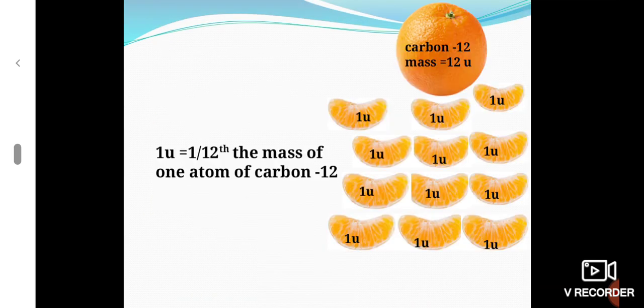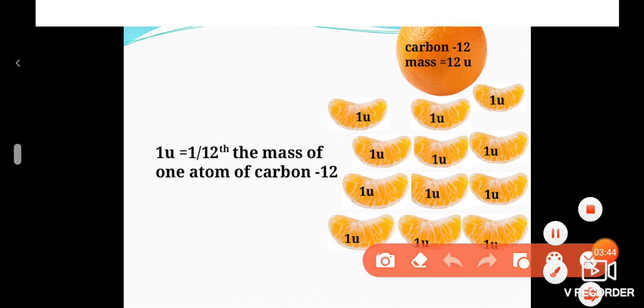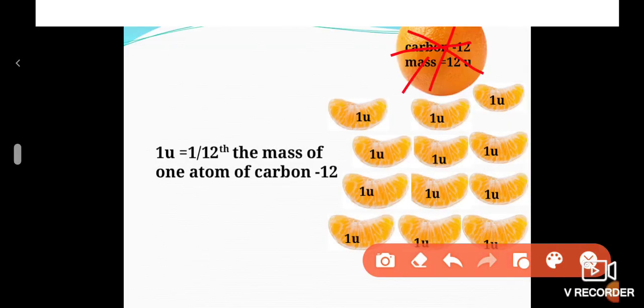Before relating, we should know this concept. First, this orange represents a carbon atom. Carbon 12 means one of the isotopes. It is a single atom. The mass of carbon 12 is 12 U. Now, we divide this single carbon atom into 12 equal pieces.